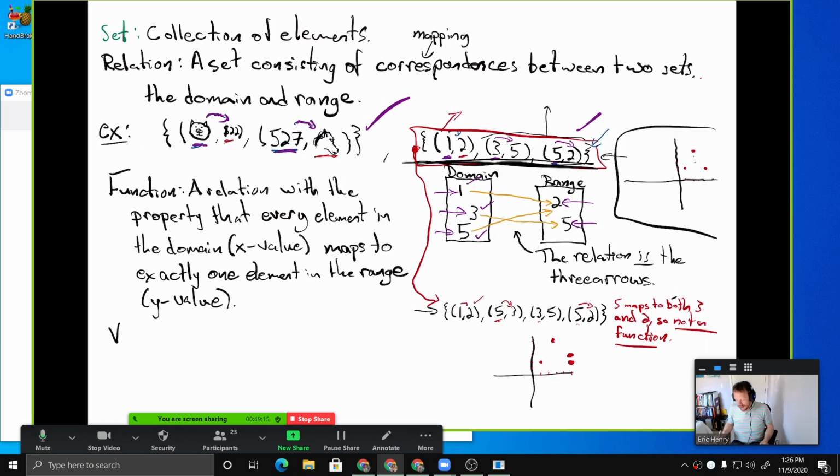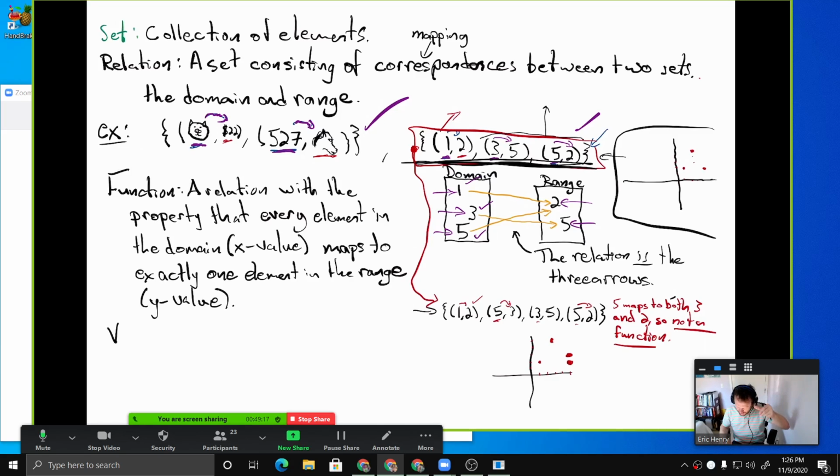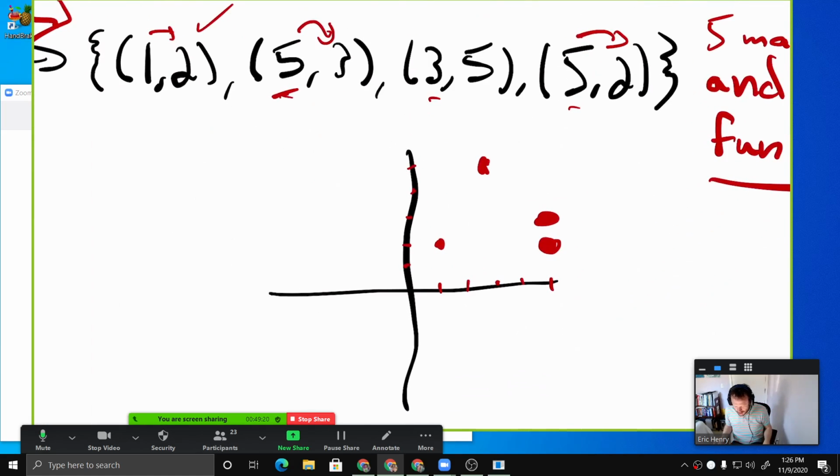How can I tell just from looking at that graph? Let me zoom in. How can I tell just from looking at that graph that those 4 points are not a function? What's happening with those points that make it not a function?